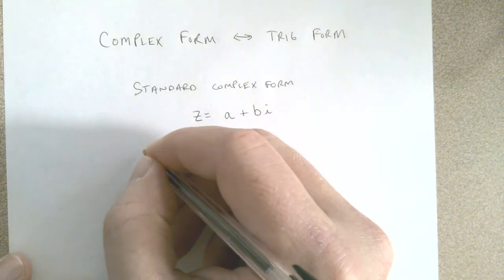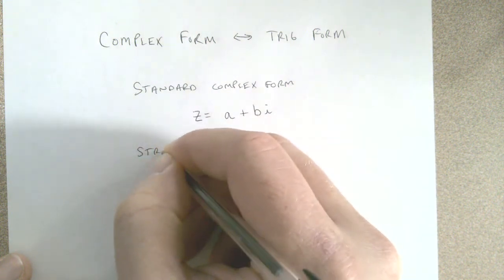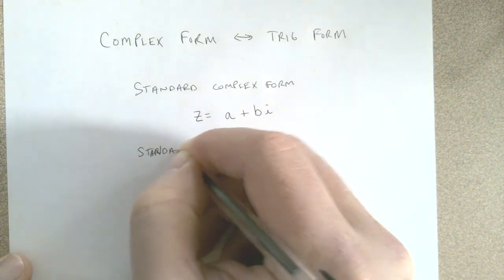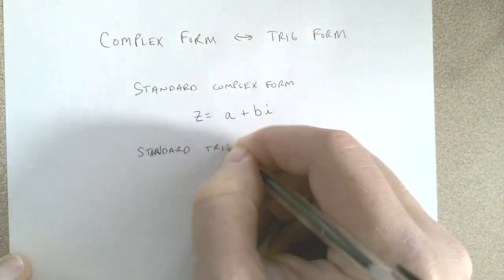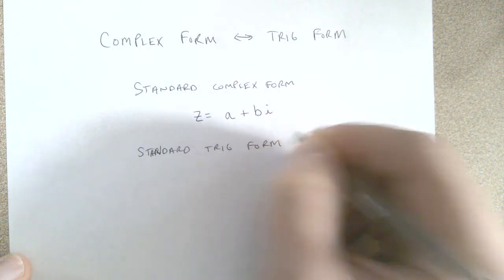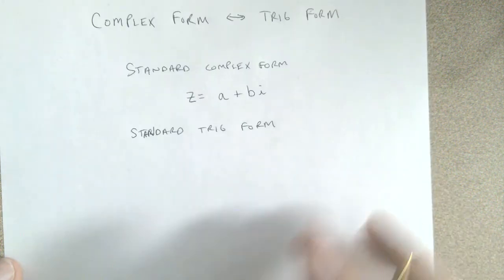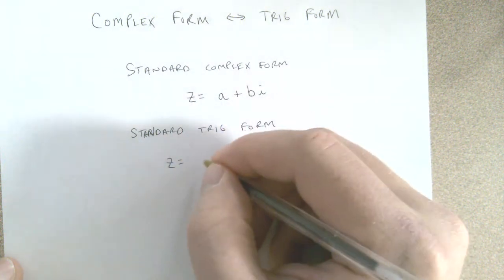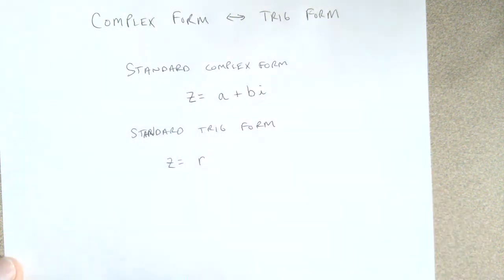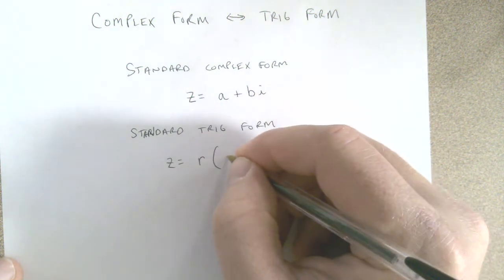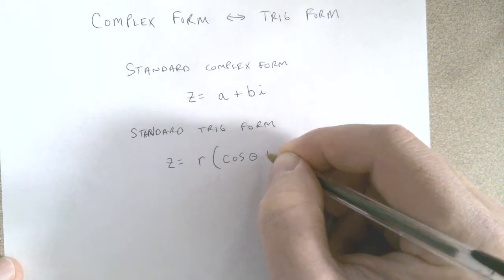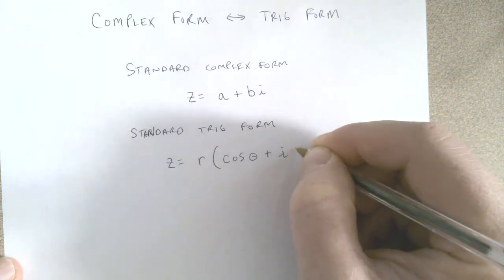We say that standard trig form is z equals r(cosine theta plus i sine theta).